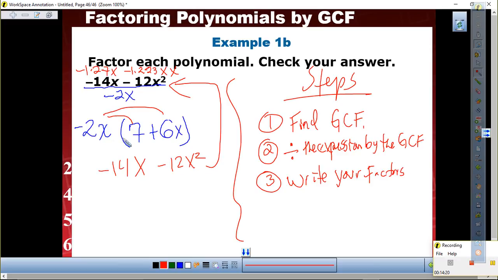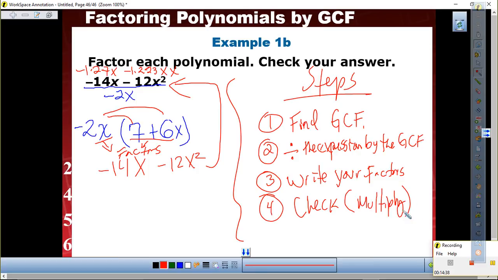Remember, we're not in equation, we're in expressions, right? So this is my first factor, this is my second factor. And what is step 4, everyone? Check. And how do we check? We multiply. That is correct. Very simple. Does that make sense? Yes, the process?